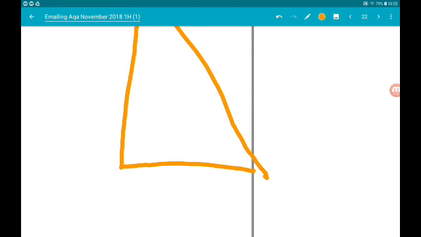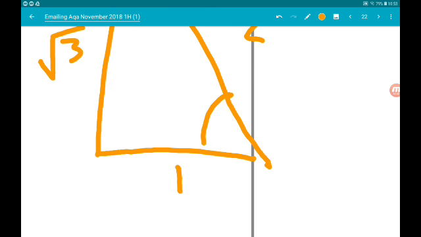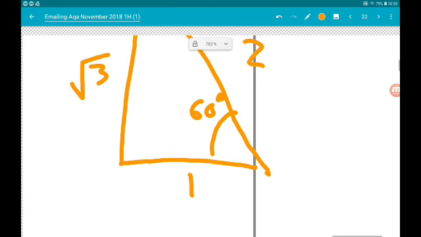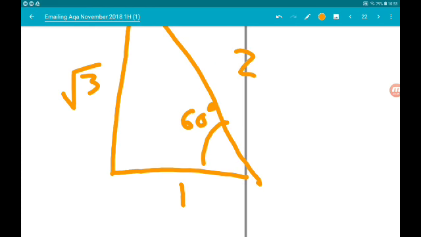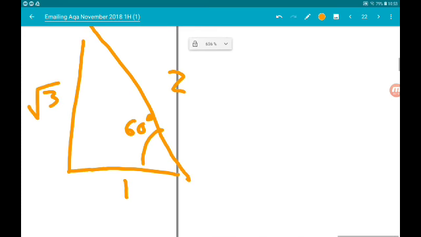So we know this side is root 3, this one is 1, this one is 2. This time, this is the angle we want. So this triangle is the 1, 2, root 3 triangle. Sine is opposite over hypotenuse. So sine 60 is root 3 over 2.